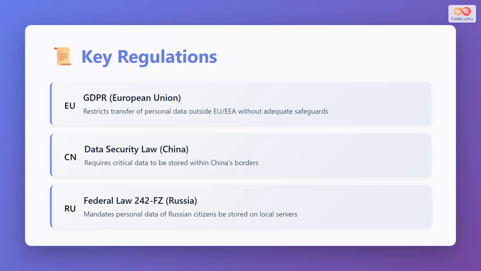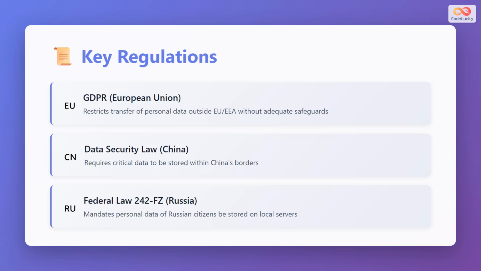Several major regulations around the world govern data residency. The General Data Protection Regulation, or GDPR, applies to the European Union. It restricts the transfer of personal data outside the EU and European Economic Area without adequate safeguards. Companies must implement specific measures to legally move data across borders. China's Data Security Law requires that critical data be stored within China's borders.